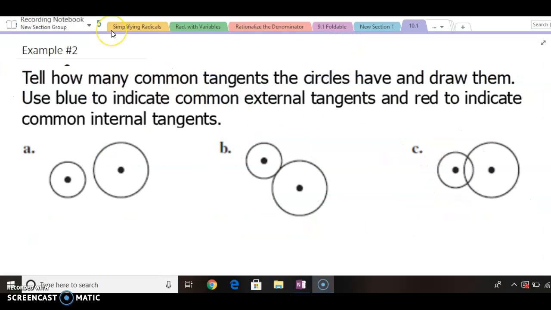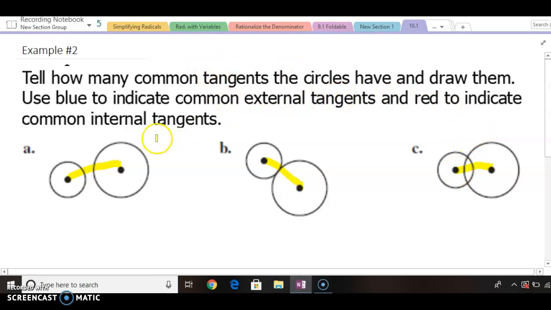All right, so here's a bunch of examples. Okay, now I'm just going to draw this imaginary line that would connect the centers of the circles. Okay, so here's an imaginary line. It says use blue to indicate a common external tangent and red to indicate a common internal tangent. So an external tangent here would be this line that's tangent to both of these circles.